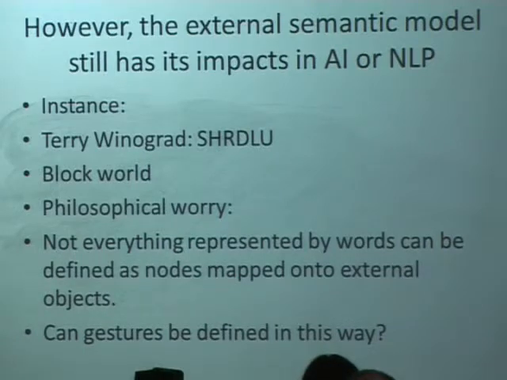It looks like you need to define the semantic content of a gesture in a web construction, and its content is not decided by some external objects, but by the topological structure of the web itself. Okay, that is the internalist approach to semantic content.